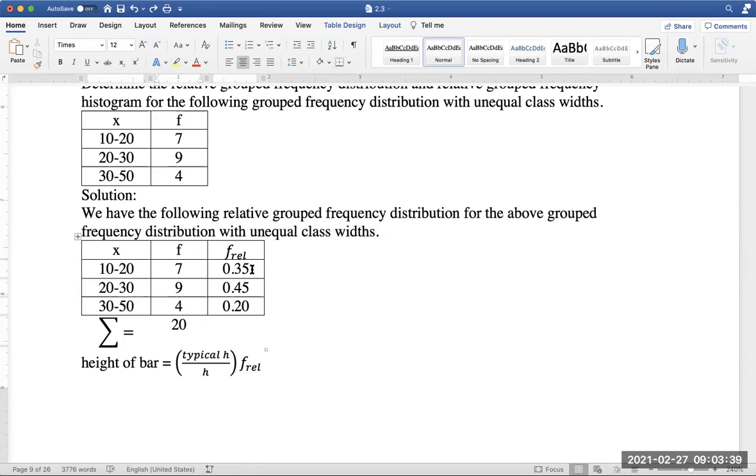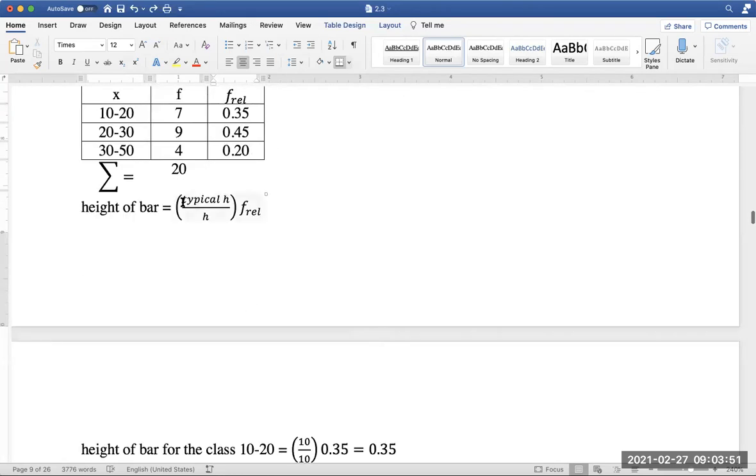Let's divide: 7 divided by 20 is 0.35, 9 divided by 20 is 0.45, 4 divided by 20 is 0.2. So the height of my bar will be the typical class width divided by the class width times the relative frequency. So for every other case, except for the cumulatives, we're going to have to use this formula.